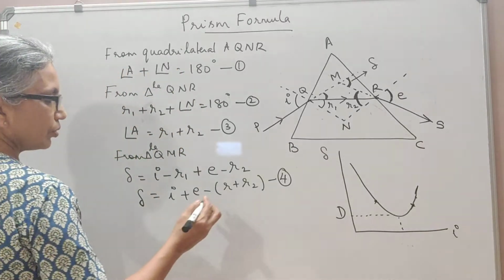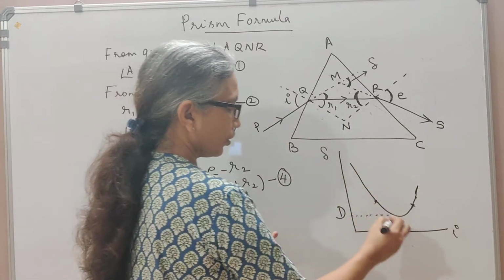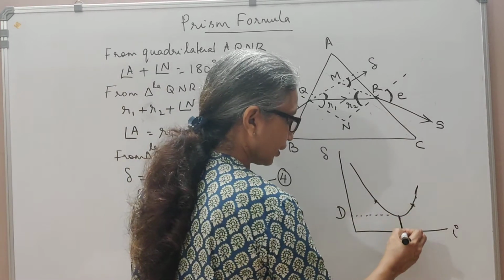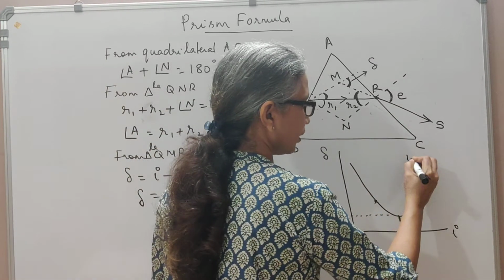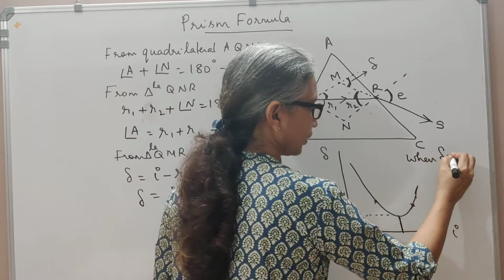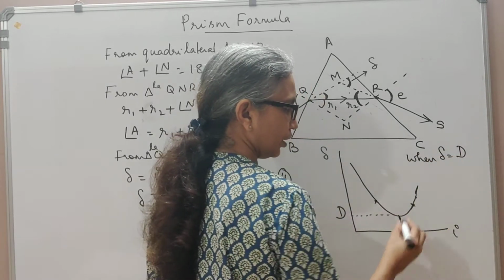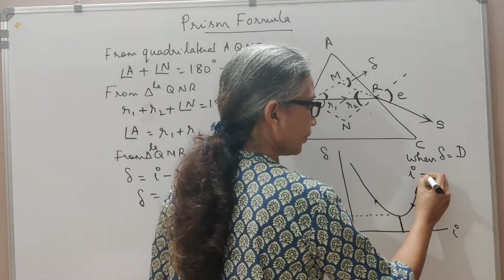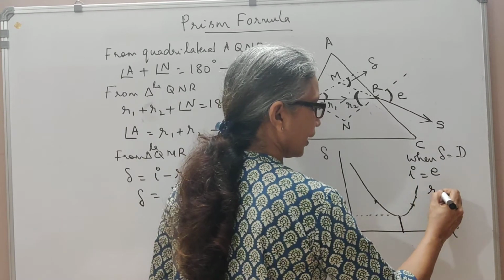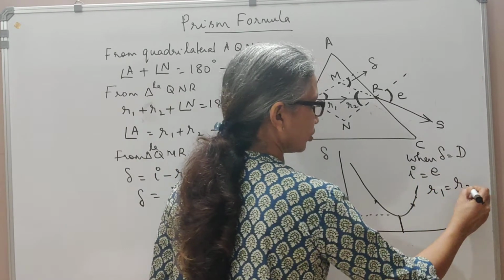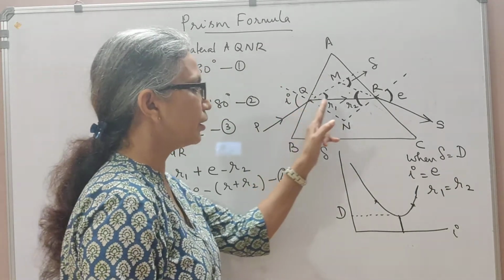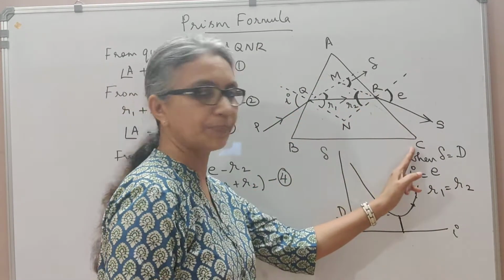Now at this particular condition, when delta is equal to the minimum value D, you will see that I becomes equal to E and R1 becomes equal to R2. For that particular position, this ray QR will be parallel to the base.